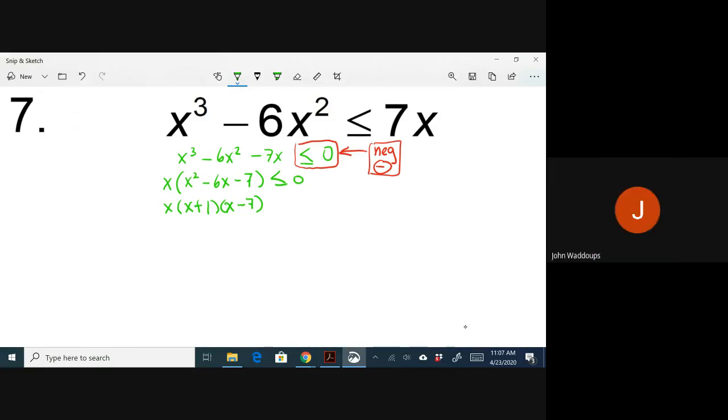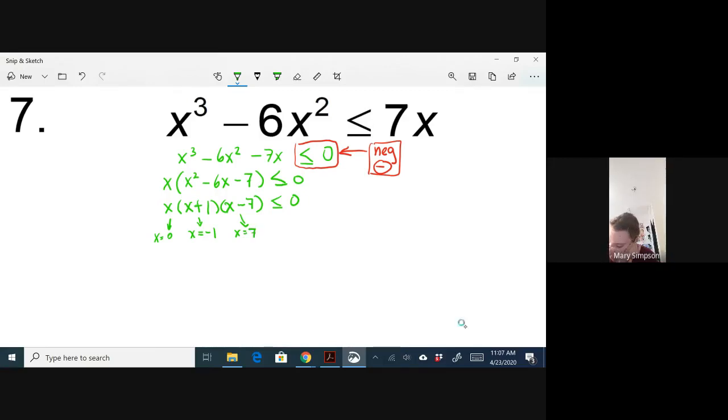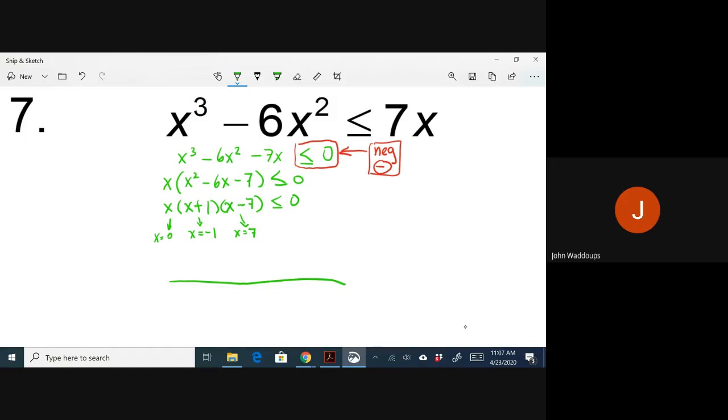So now we've got our three numbers here. x equals 0, x equals -1, and x equals 7. We take our number line.